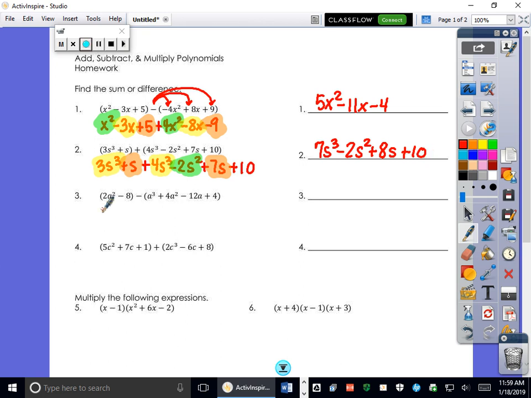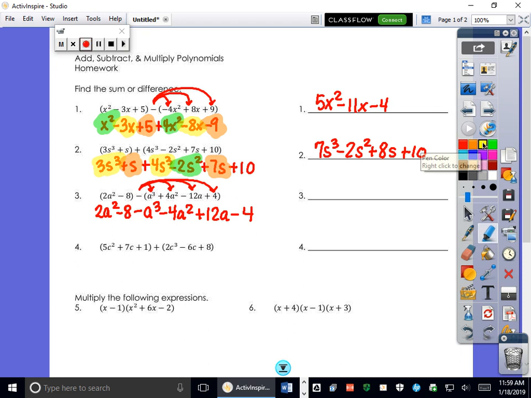Okay, for the third one, parentheses do matter for subtraction. You're going to have to subtract all of these terms, which means all of their signs are going to change. So minus a to the third, minus 4a squared, plus 12a, and minus 4. Now when we combine our like terms, we have a negative a to the third. That's the first thing, which is the biggest exponent, so we put that first.